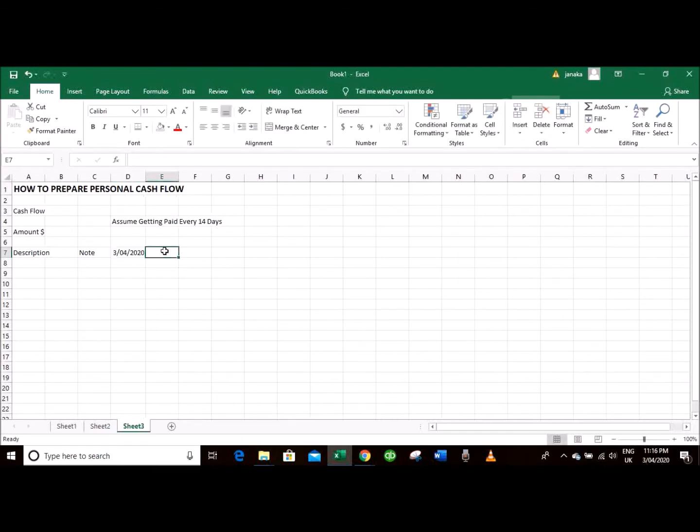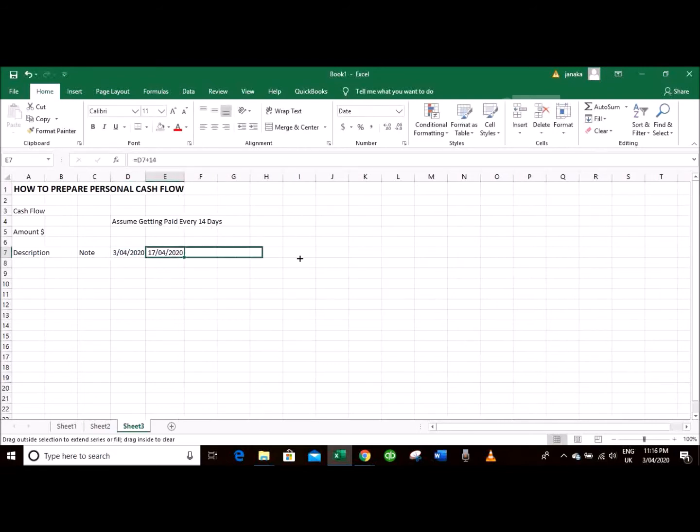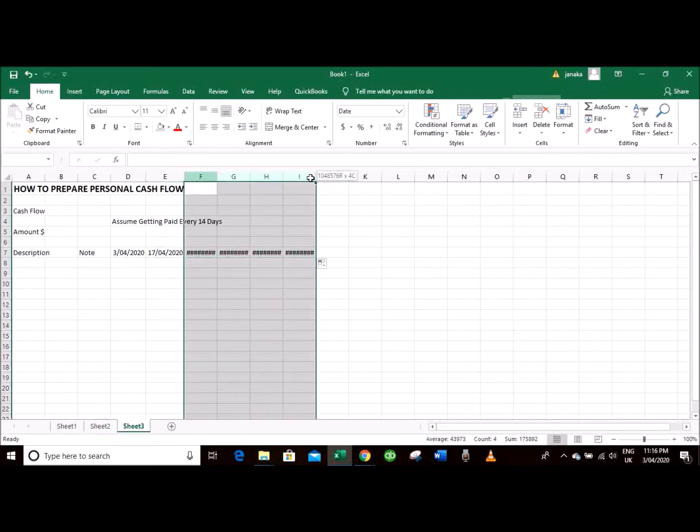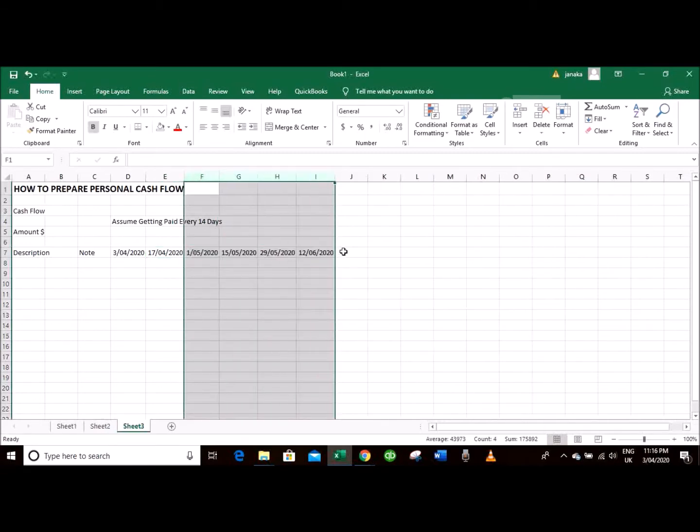Then I will be getting paid again 14 days later. So add 14 days, and I'm going to copy the same formula for the next few weeks. Then I will get the total.